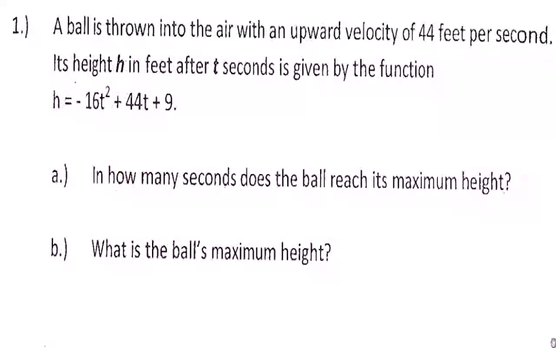Number 1 said a ball is thrown in the air with an upward velocity of 44 feet per second. Its height h in feet after t seconds is given by the function. My first step before I even read the actual question is to write my ordered pair. I look at what variable is in the place of x.